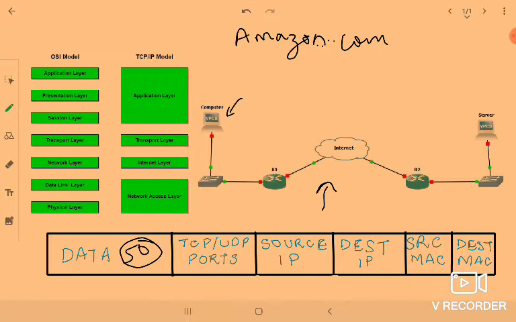All the applications that we are aware of, for example, Chrome and Internet Explorer, lie on the application layer. Then the information is passed down to the presentation layer. As we know, at the presentation layer, two things happen.